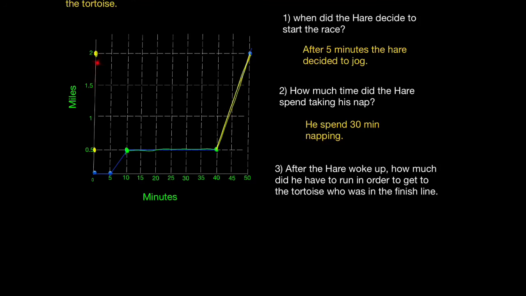So from 0.5 to 2, we have a total of 1.5. So here, we can write that the hare dashed 1.5 miles. Right after he woke up, he had to run a distance of 1.5 miles to get to that finish line. He had already jogged half a mile.